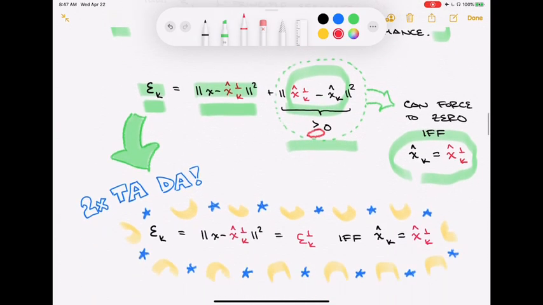So this is like a double ta-da. This is a super extra neat result: we already knew that the error of an arbitrary estimate is no smaller than the error of the orthogonality principle estimate, and it equals it if and only if the estimate is the orthogonality principle estimate.